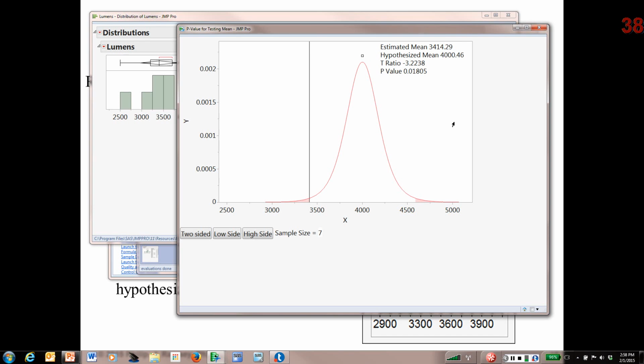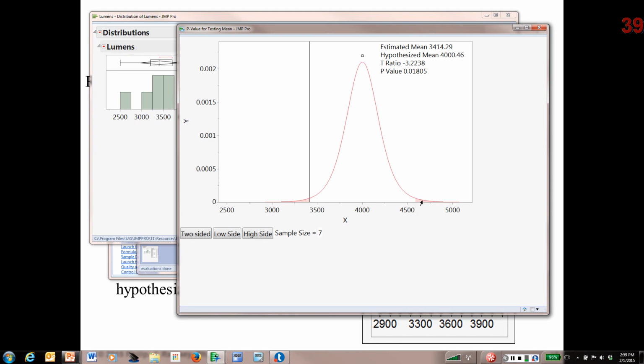The answer this time is pretty small. The p-value says literally about 0.02, or only about 2% of possible values of the sample average would be more extreme than the one I observed.